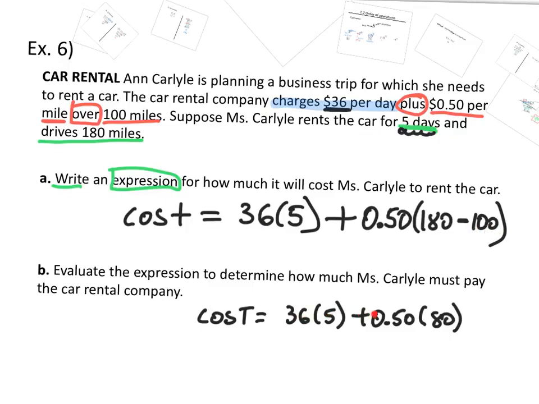When you do this on the calculator or when you evaluate, you actually find the answer. I'm going to tell you guys what the answer is. And the cost equals $220. I just did it in my head right now. No, I'm just playing. I have the answer, but it is 220.